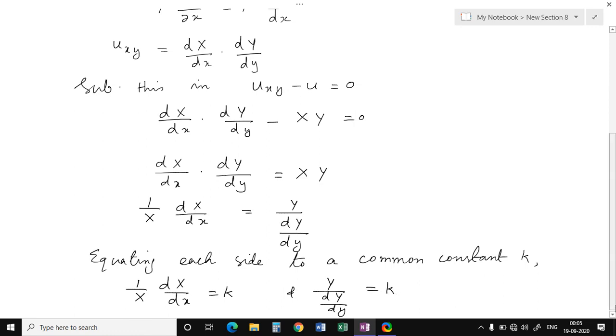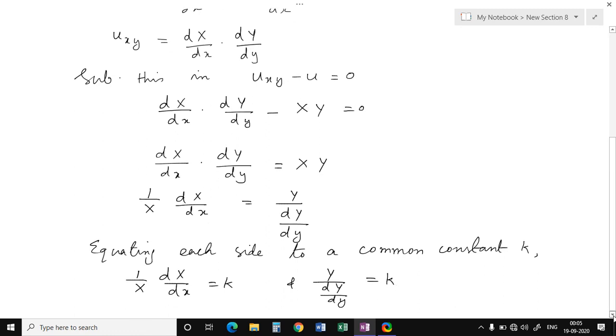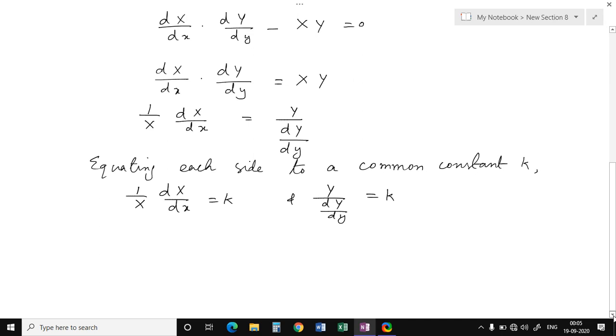So now we got two ordinary differential equations. While solving the first ordinary differential equation, we will get the value for X, and while solving the second one, we can find the value for Y, so that we can write down the required solution. So the next aim is to solve these two.